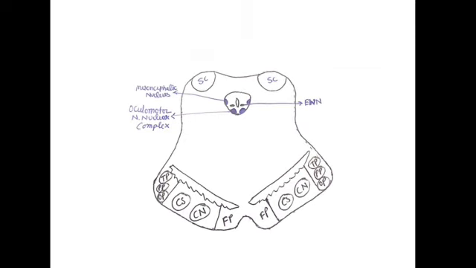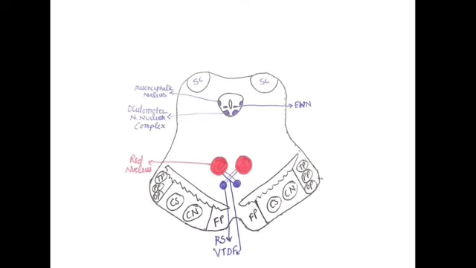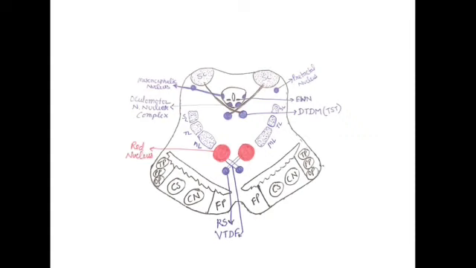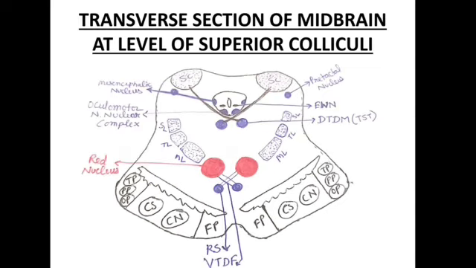Presence of oculomotor nerve nucleus complex, Edinger-Westphal nucleus, mesencephalic nucleus, red nucleus, rubrospinal tract, ventral tegmental decussation of Forel, connections of red nucleus, lemnisci, medial, trigeminal and spinal, pretectal nucleus. So this is transverse section of midbrain at the level of superior colliculus.